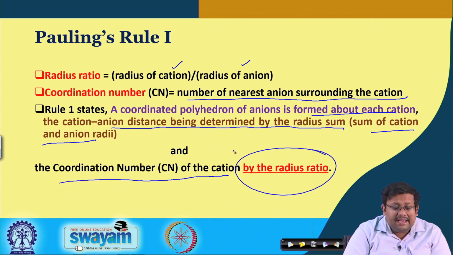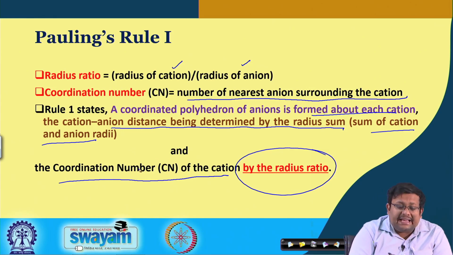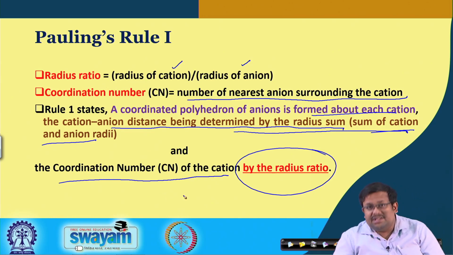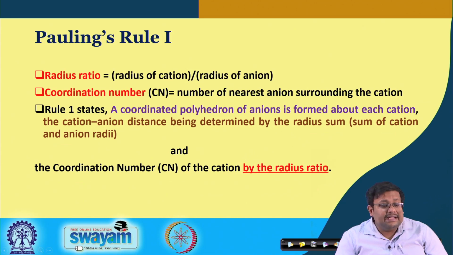Again, a coordinated polyhedron of anions is formed about each cation, and the coordination number, the number of nearest anions surrounding the cation, will be governed by the radius ratio. So, what does it actually mean? Let us see in detail.